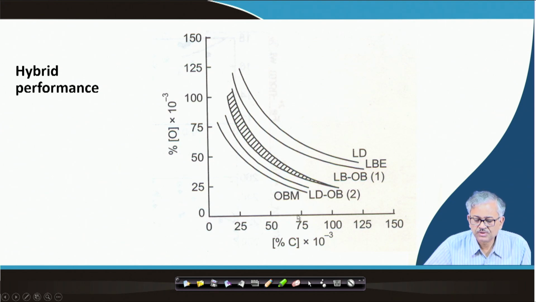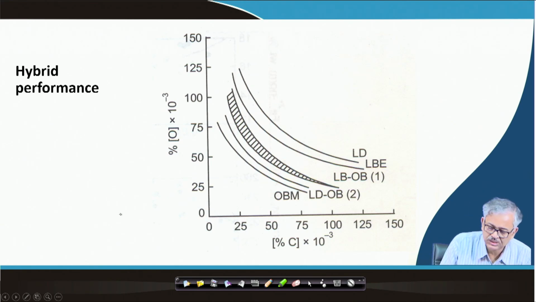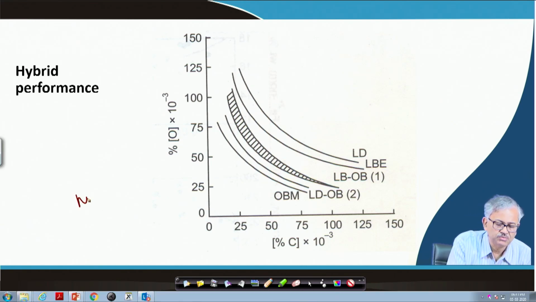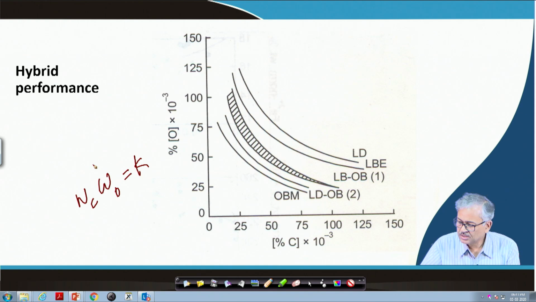And here you can find that the oxygen percent in the bath is very high. It means the oxygen is not mixed up properly. That is, the bath oxygen becomes very high for a particular amount of carbon, because the solubility product of carbon, that is %C times %O, is a constant at a particular temperature.